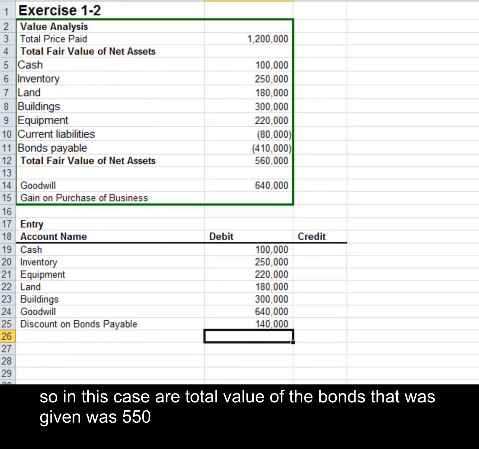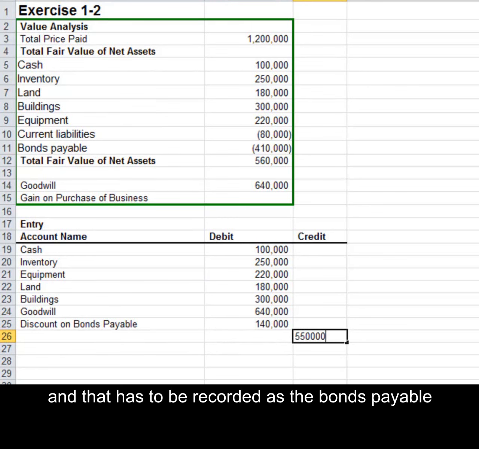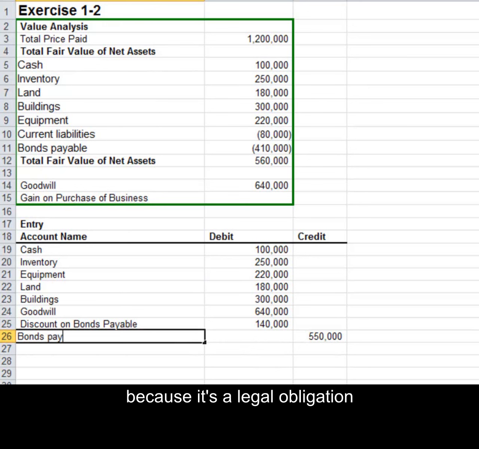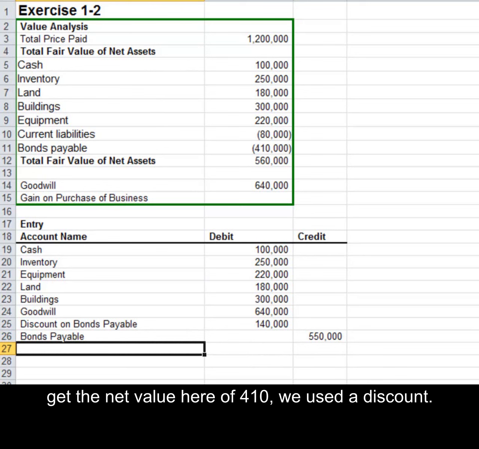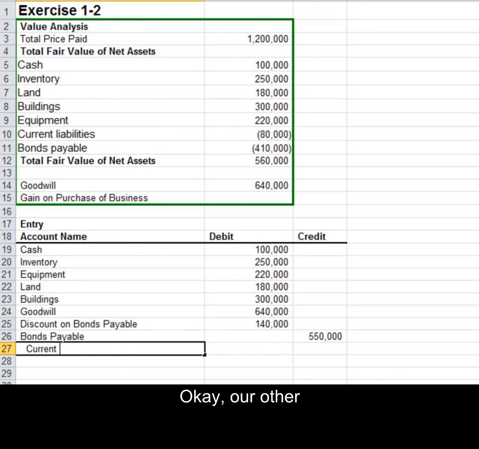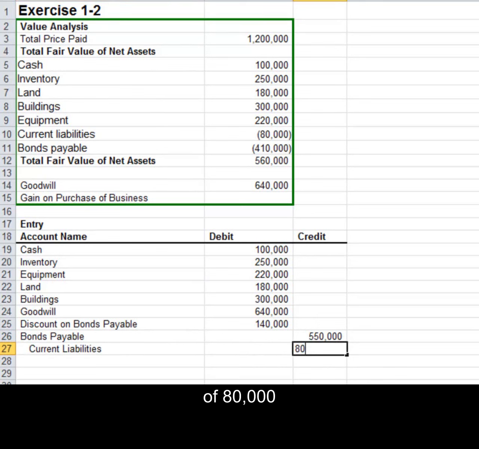So in this case, our total value of the bonds that was given was $550, and that has to be recorded as the bonds payable because it's a legal obligation. Any difference with fair market value becomes a discount or a premium. To get the net value here of 410, we used a discount. Our other liabilities here were the current liabilities of 80.